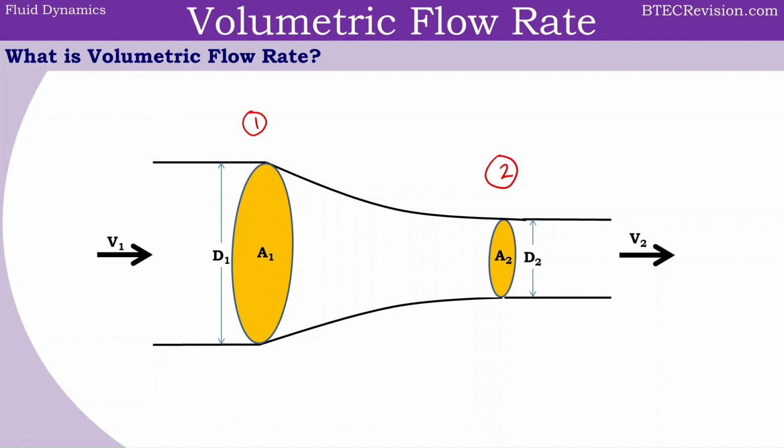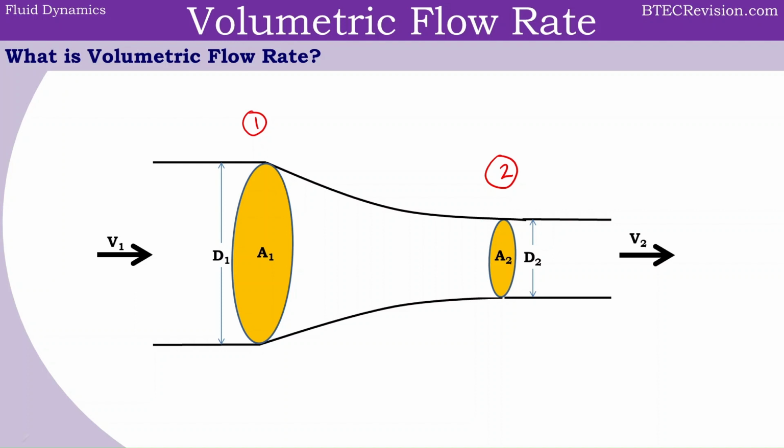We can also see we have velocity v1 on the left side, and that's moving towards the right, representing the flow of water or a liquid. And as it's going through, it will have to change its velocity. So it would either increase or decrease depending upon the variables, which we'll look at now. So V2 would be different to V1.